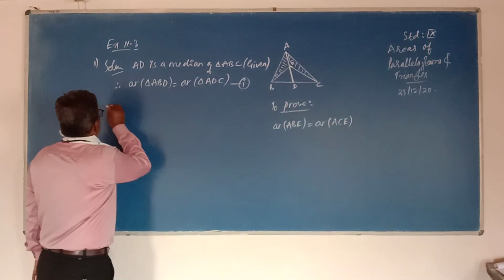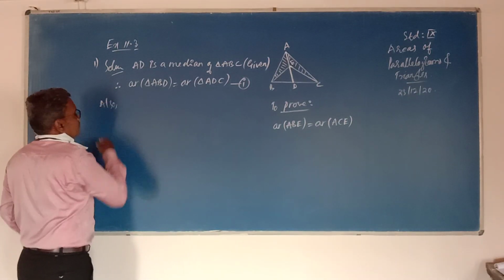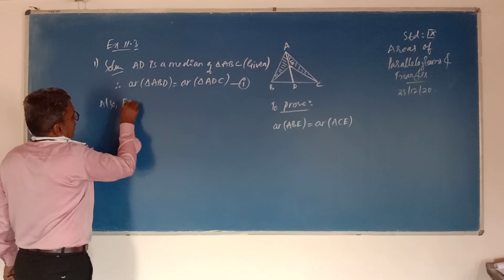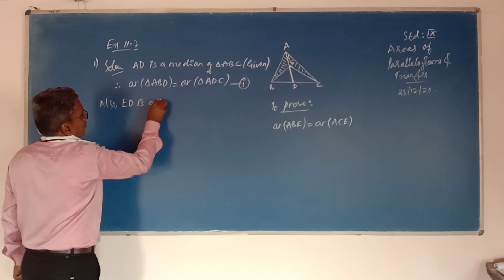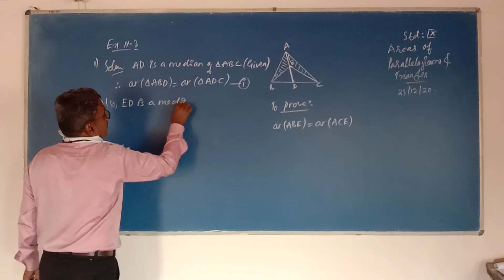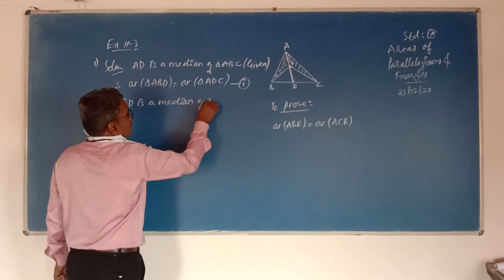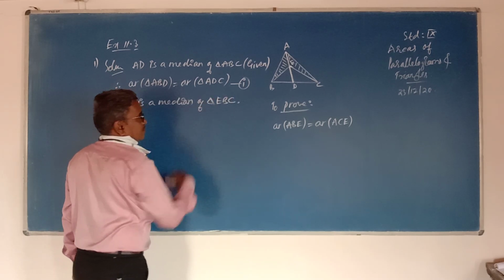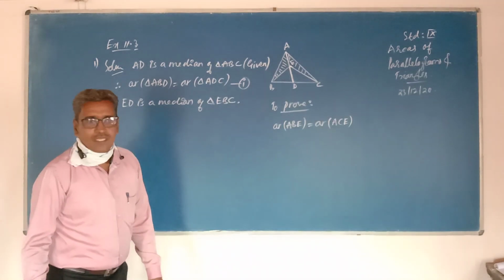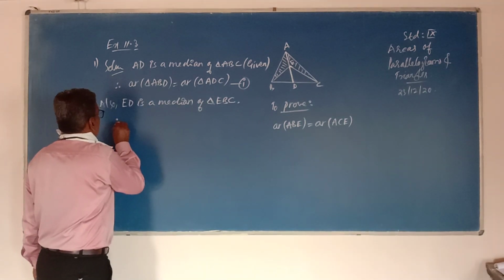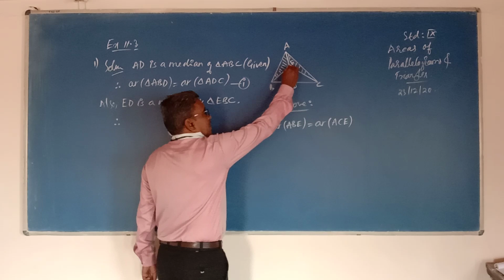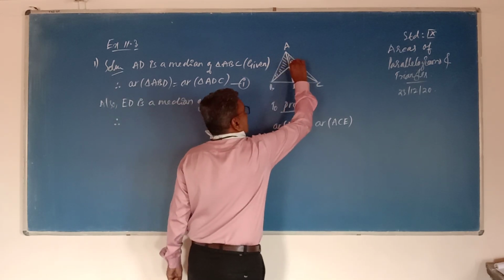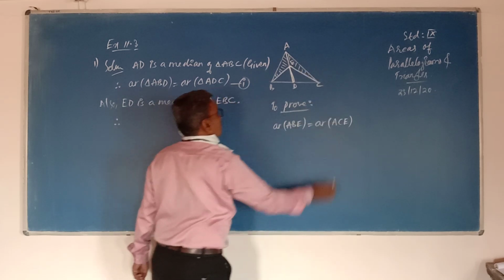ED is a median of triangle EBC. Therefore, ED divides the triangle EBC into two triangles of equal area.